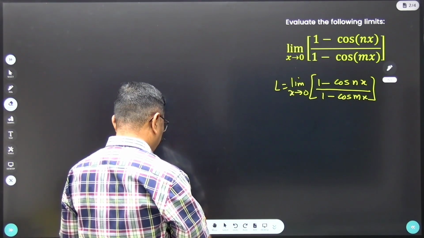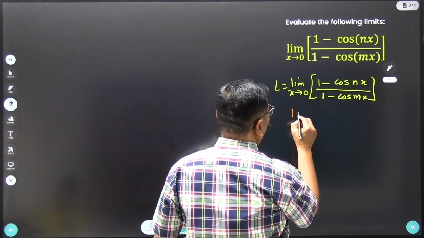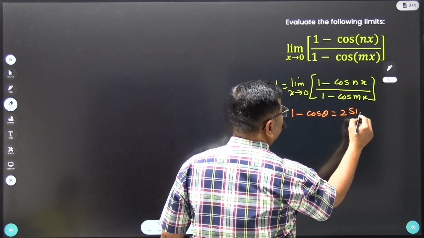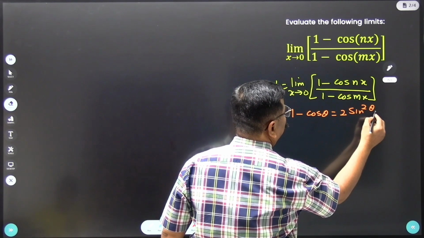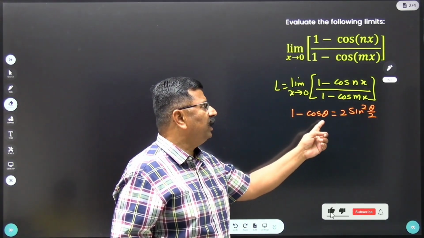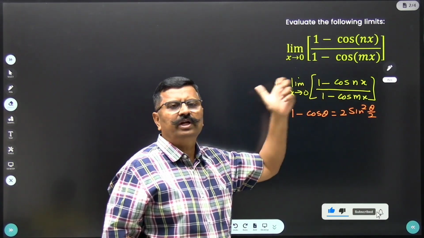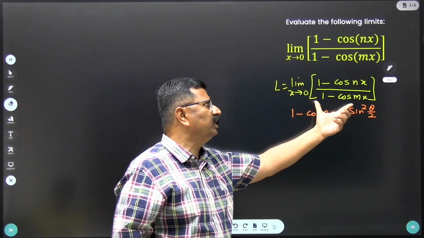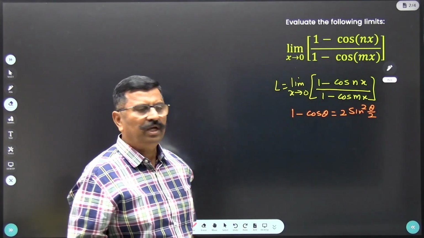Again, we'll use the formula, that is 1 minus cos theta is equal to 2 sine square theta by 2. This is the half angle formula. Now, if you take theta equal to nx, you will get the numerator expression. And if you take theta equal to mx, you will get the value for 1 minus cos mx.